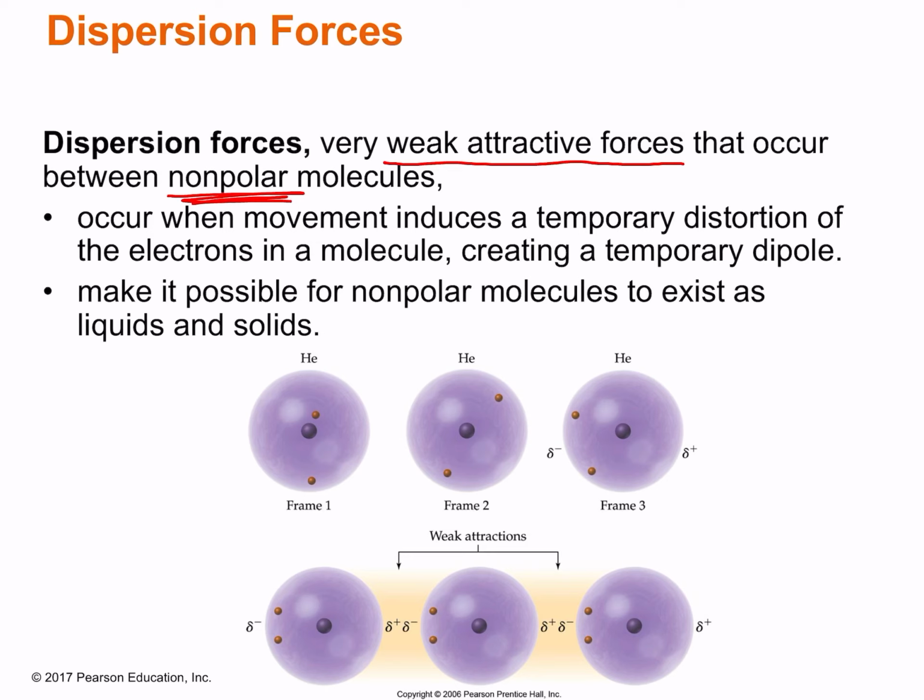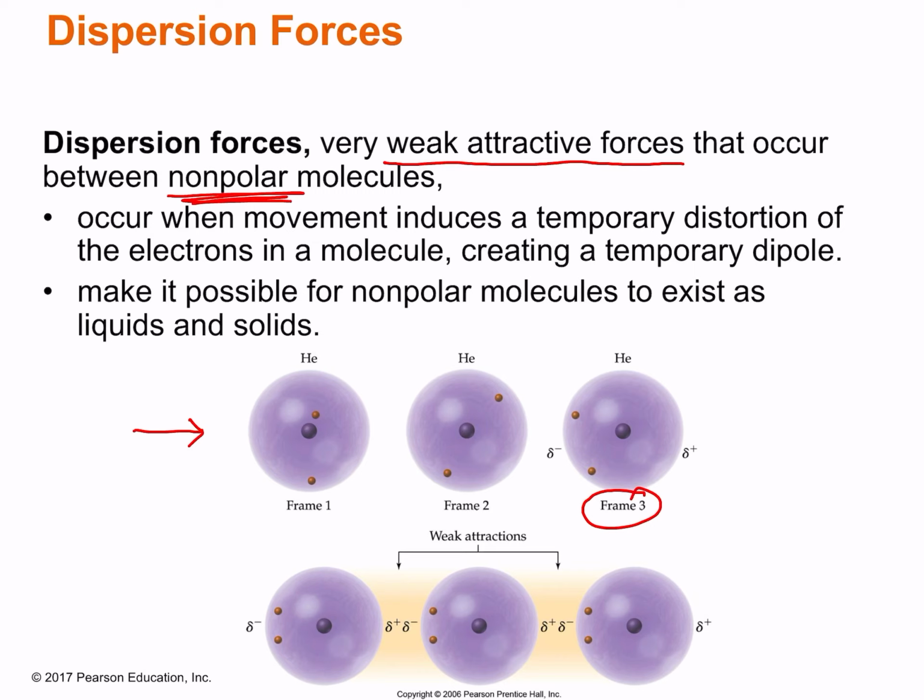I know that doesn't make a lot of sense right now, but if we look at this helium here, in frame 1 the electrons are one on one side, one on the other. Frame 2, same. But in frame 3, the electrons have ended up on the same side. This just happens randomly. The electrons are zooming all around, and every once in a while they'll both end up on the same side.